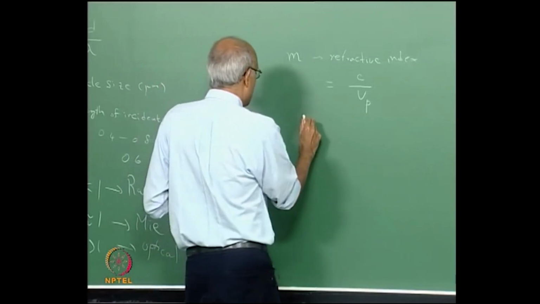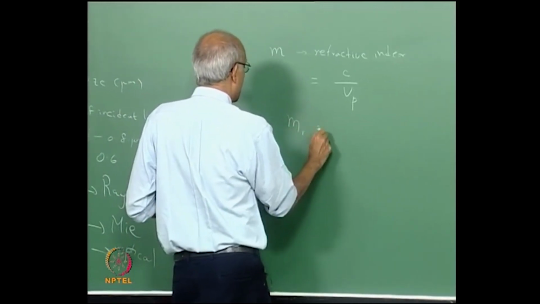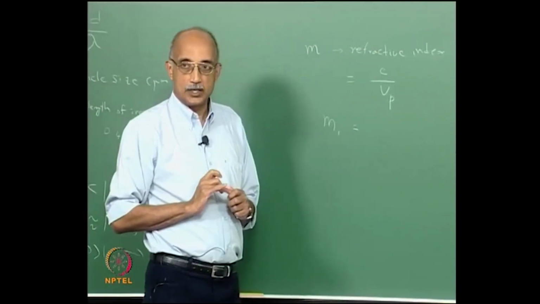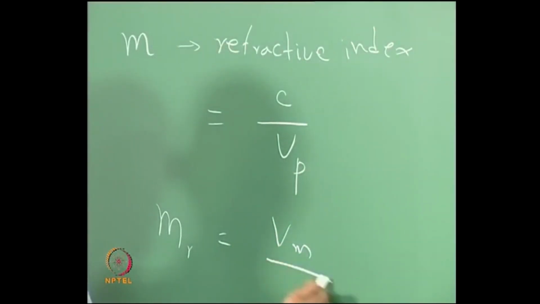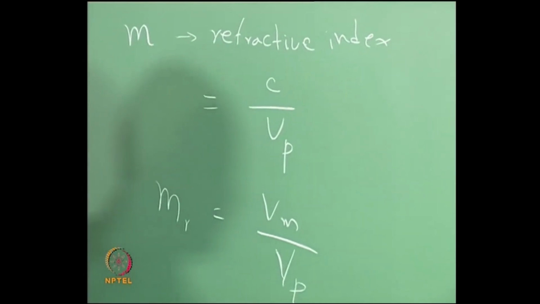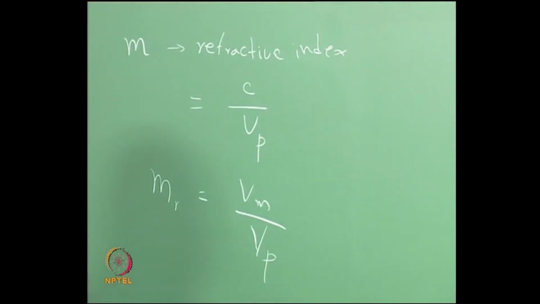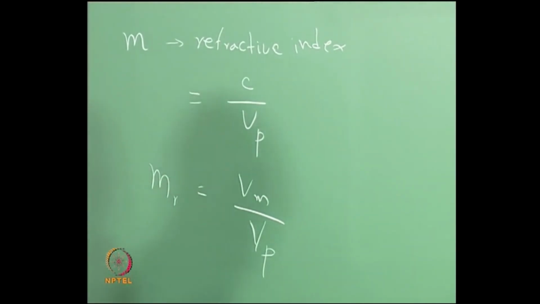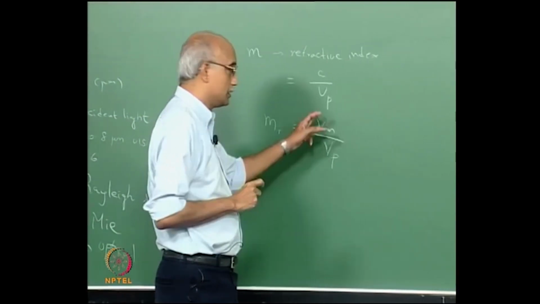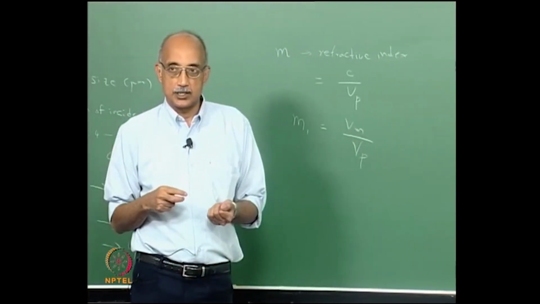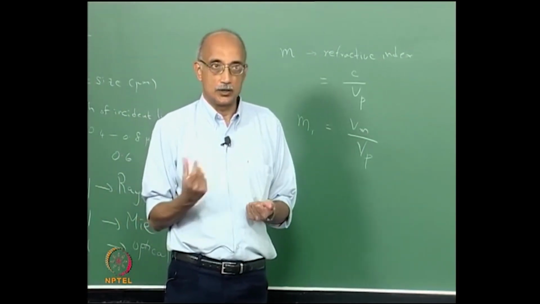In that case we talk about a relative refractive index MR, which can be defined as Vm over Vp, where Vm is the velocity of light transmission through the medium in which the particle is suspended, and Vp still remains the velocity of light transmission through the material that the particle is made of.